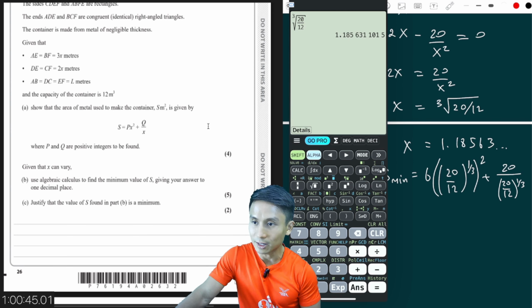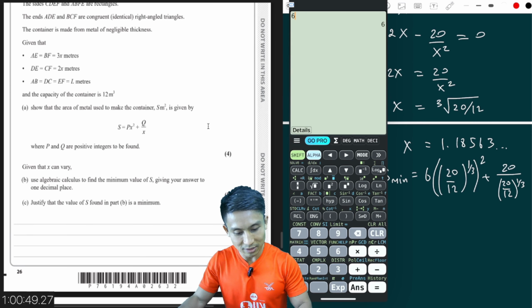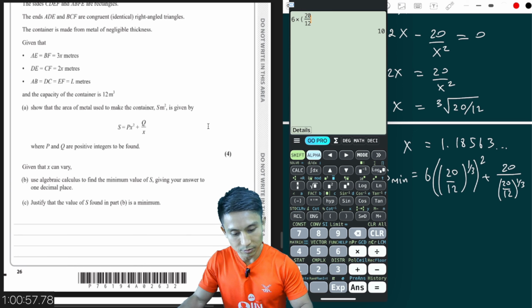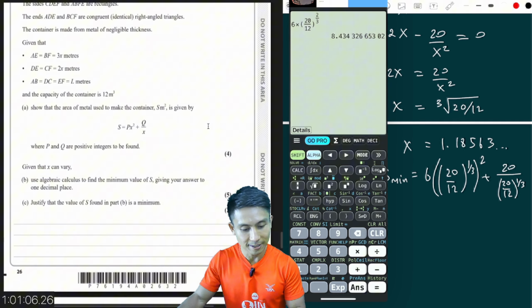Like that. So let's put that in a calculator, of course. So it's just 6 times fraction 20 over 12 to the power of 2 over 3. That's the first term, because I multiply out the powers there.